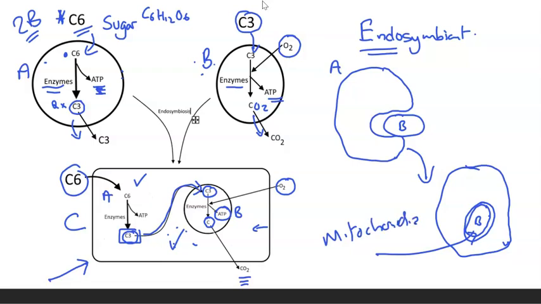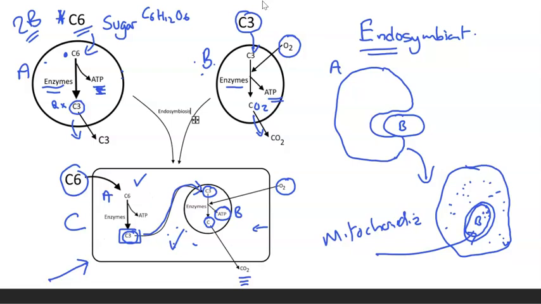And the evidence shows that the mitochondria and chloroplasts have their own DNA, which is very prokaryote-like. Their protein synthesis mechanisms are very prokaryote-like. Their ribosomes look like prokaryotes, very different to the ribosomes and other structures which are found in the cytoplasm of the host cell.